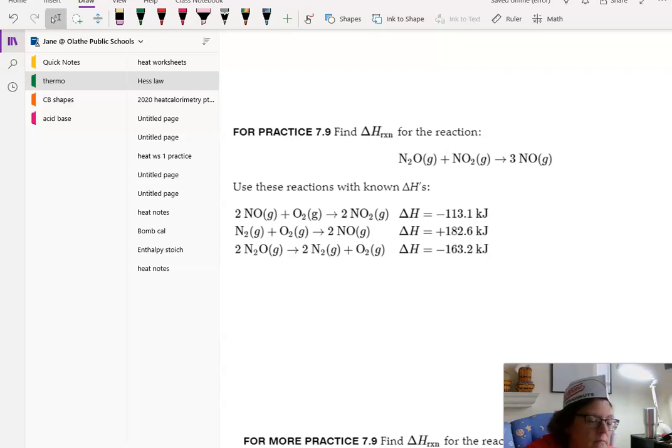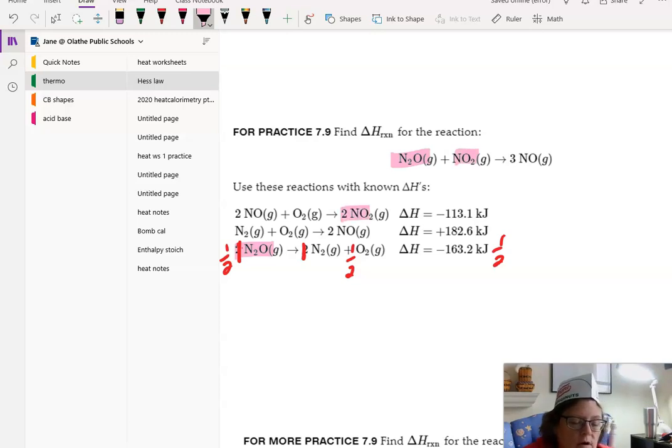The third one, same story. We've got N2O. Here's N2O, but I have 2 in that equation and I only need 1. So I'm going to divide it by half. So I'll basically multiply everything by 1/2. So that makes that one, and this will be 1/2. Alright, NO2.